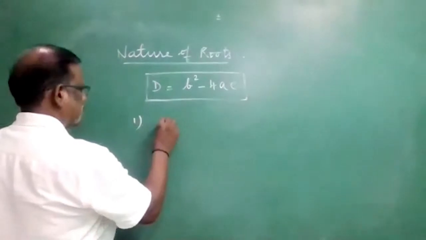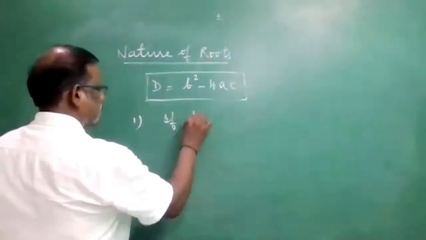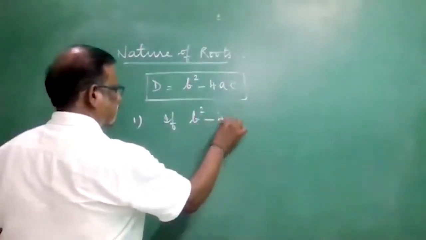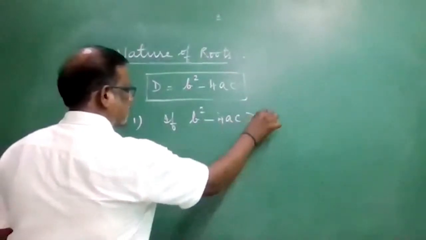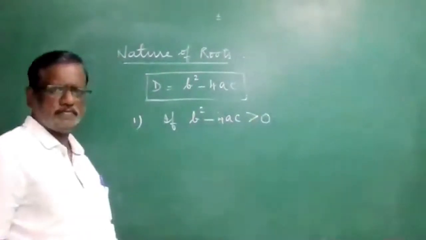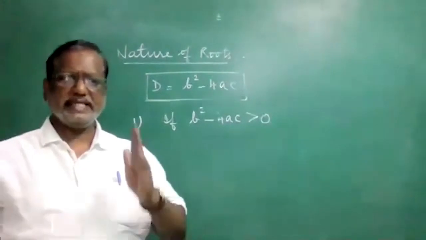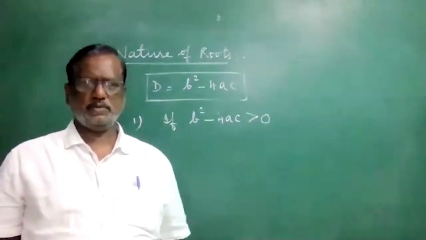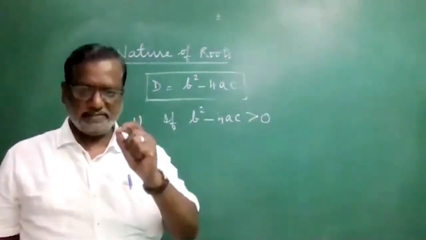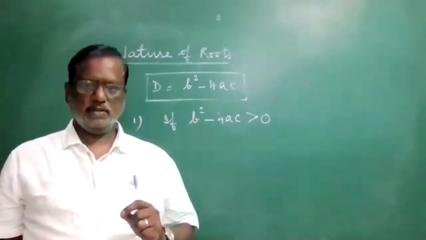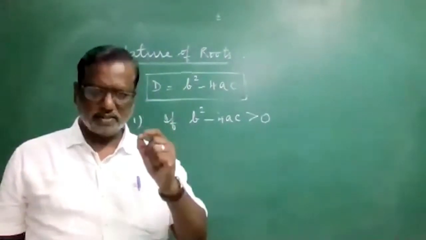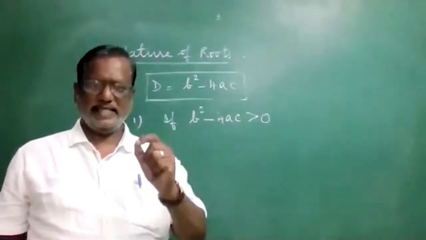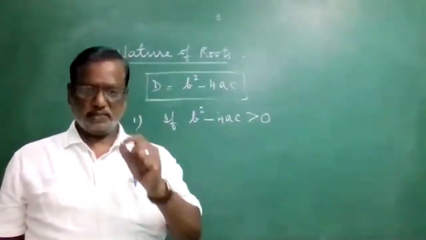One. If b square minus 4ac is greater than 0, what do you mean by greater than 0? If the value is positive, we say it is greater than 0.